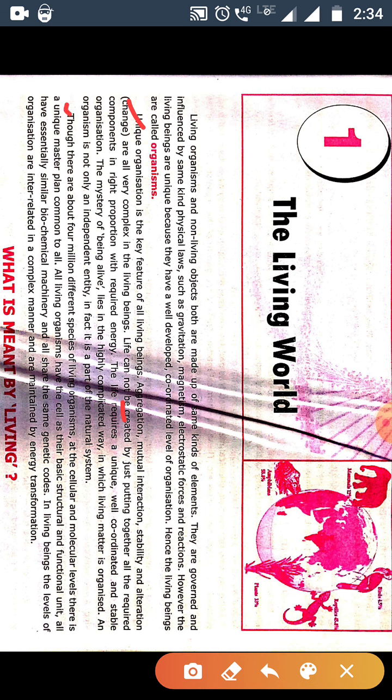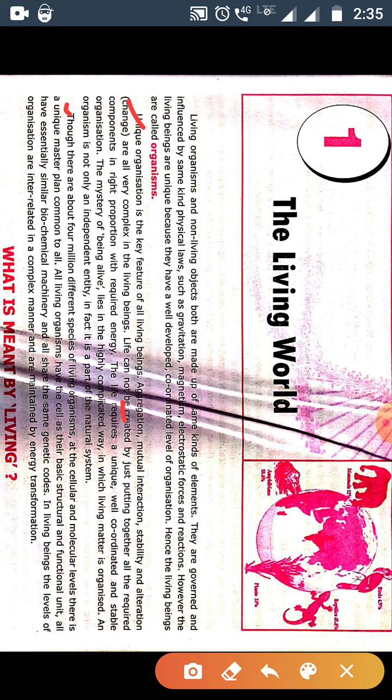Now there are about 4 million different species of living organisms. At the cellular and molecular levels, there is a unique master plan common to all. All living organisms have the cell as their basic structural and functional unit.